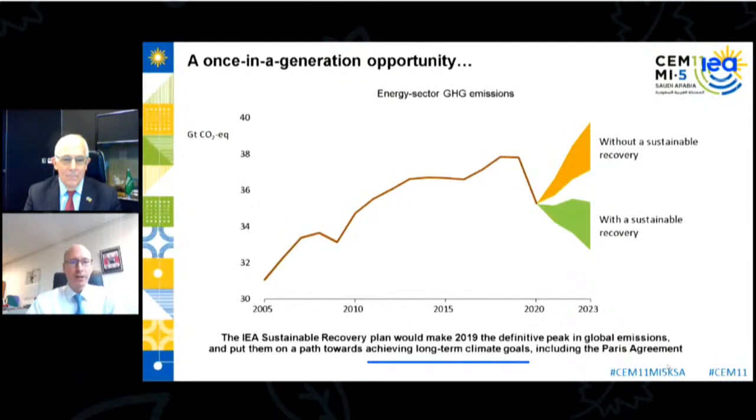Emissions come roaring back along those lines. But if we make the structural changes, and we put together at the IEA a sustainable recovery plan, trying to point out different policies and mechanisms that can get us into that green band, into a sustainable recovery, structurally changing our energy and our emissions going forward. Challenging, but it can be done. Next slide, please.